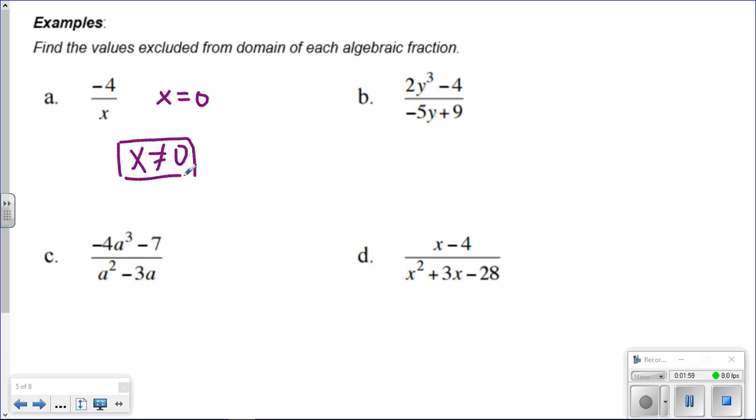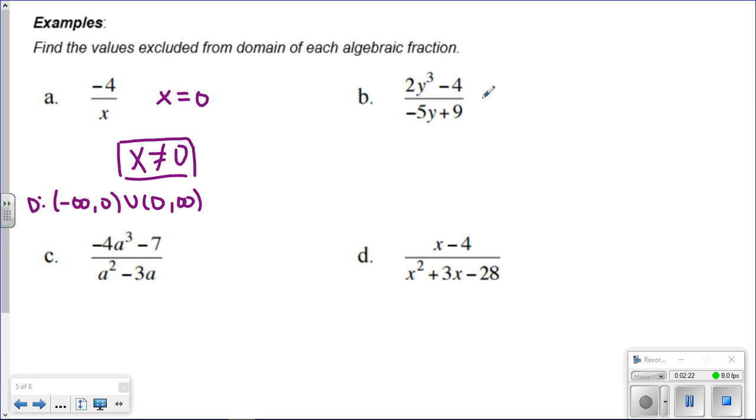And that's all we need for that one. Since it just asks for what's excluded, we don't have to write the domain. If we had to write the domain, we would write it like this: it's all real numbers except it cannot be equal to 0. So we'd have that little u excluding 0 from our answer.